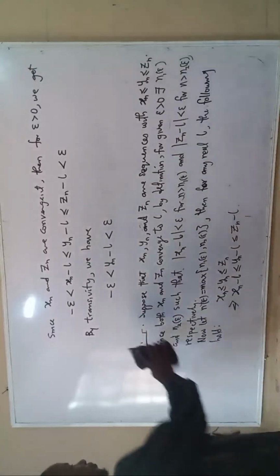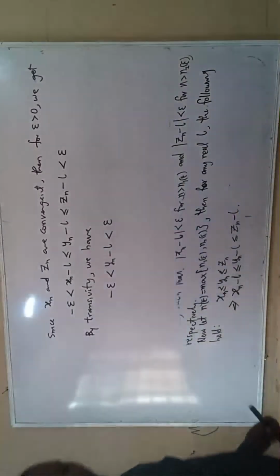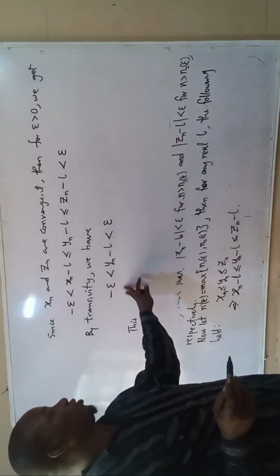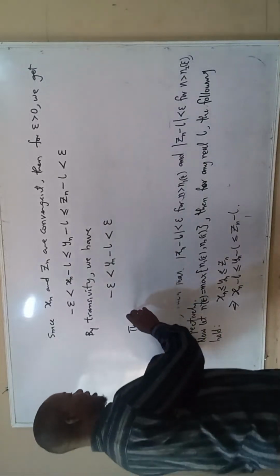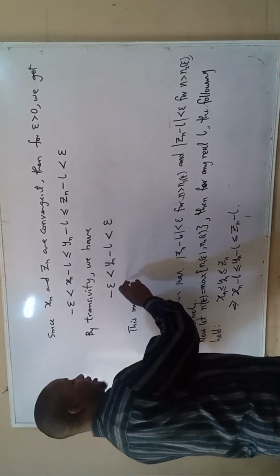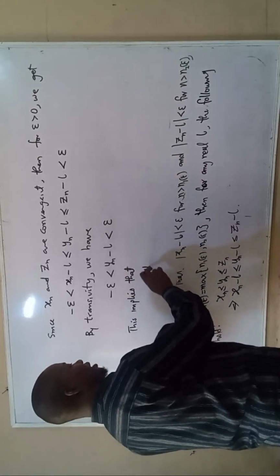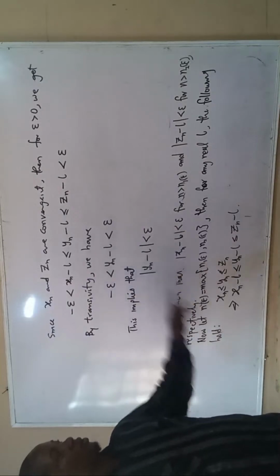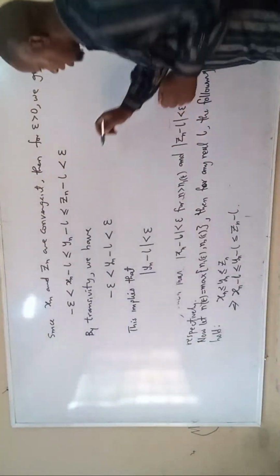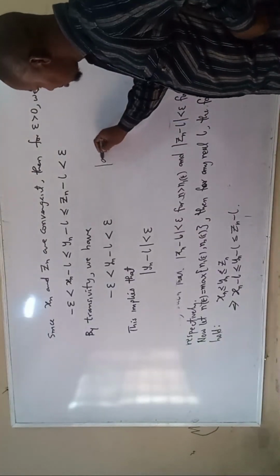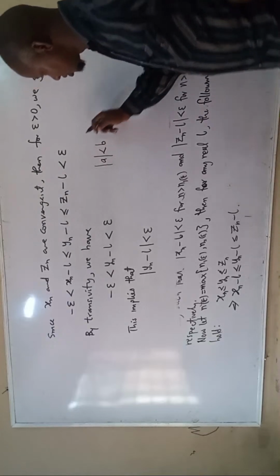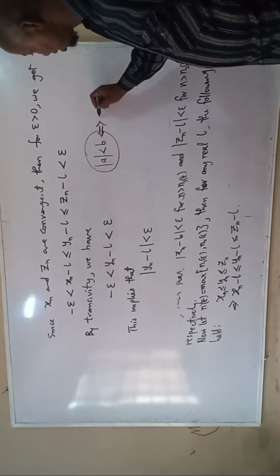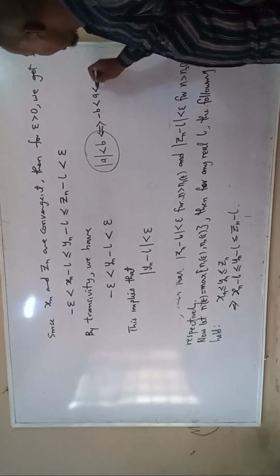This implies, from the properties of absolute value, that |yn minus L| is less than epsilon. That is the property we earlier discussed: if there are two real numbers a and b and this condition is satisfied, under the properties of absolute value this means minus b is less than a less than b.